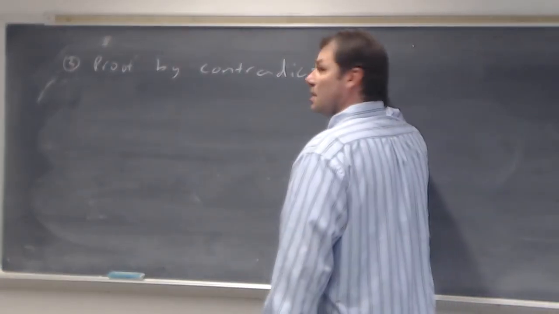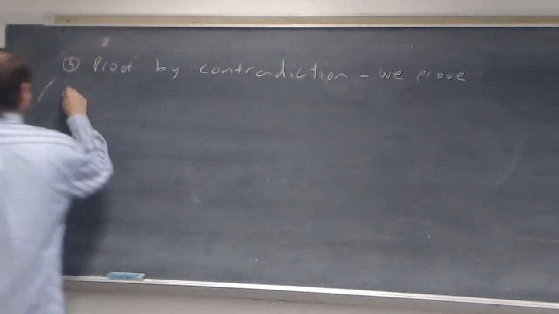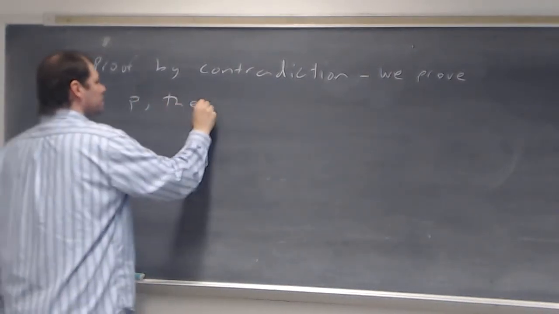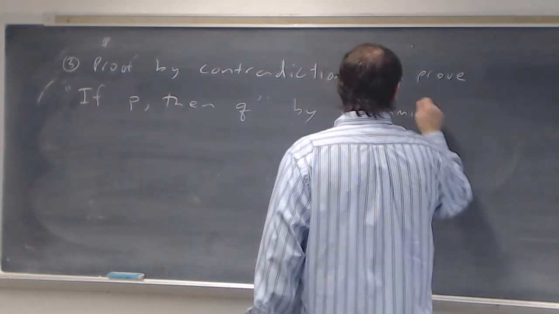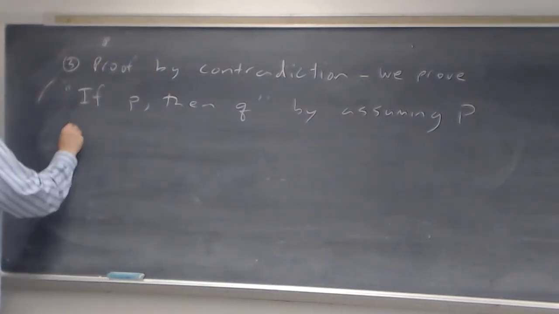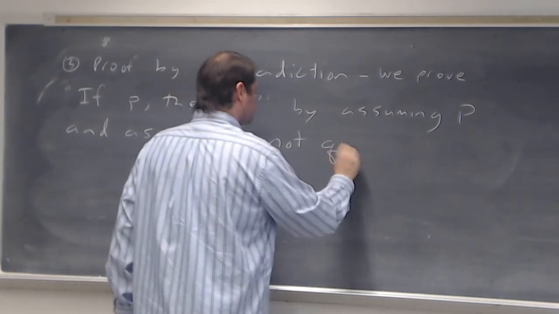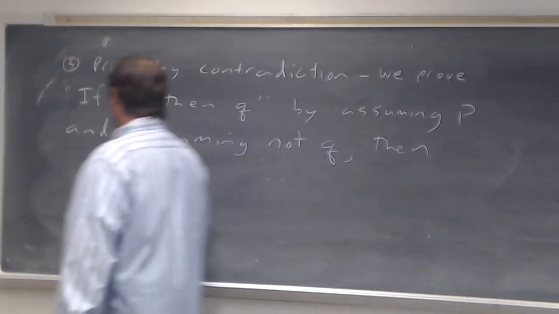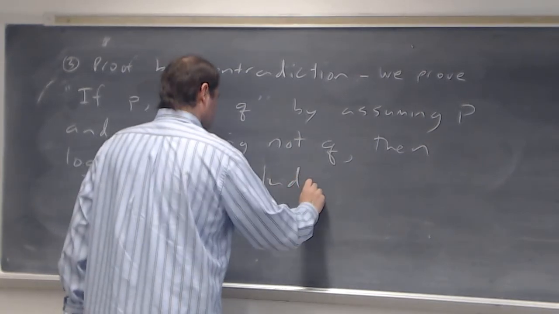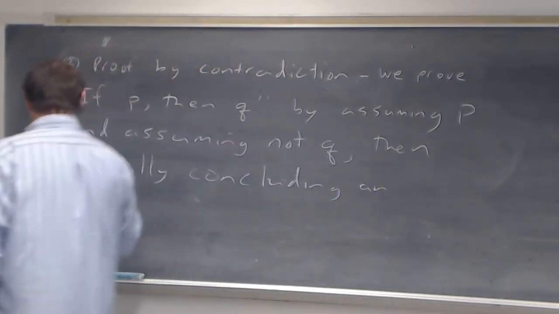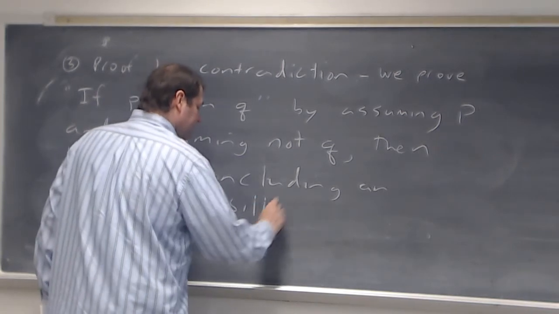So in proof by contradiction, what we're looking to do is prove the statement if P, then Q by assuming P occurs and assuming not Q, then logically concluding an impossible, I'll call it a silly statement.